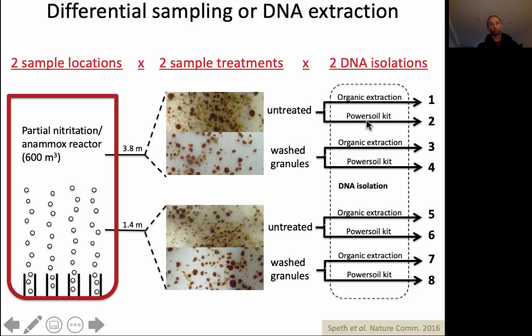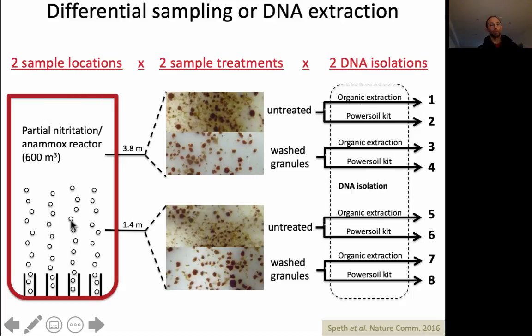And then you can also influence the amount of DNA isolated from different bacteria by using different types of DNA extractions. So here we used organic extraction and the PowerSoil kit, which is another approach for isolating DNA from metagenomic samples. And different bacteria have a different sensitivity to these different types of extractions.